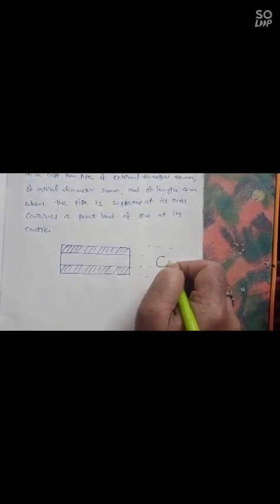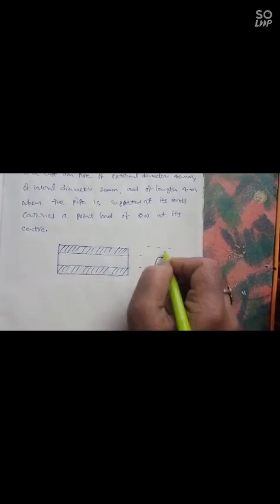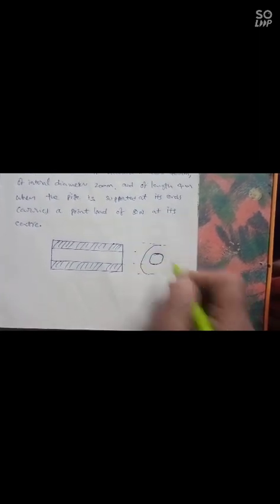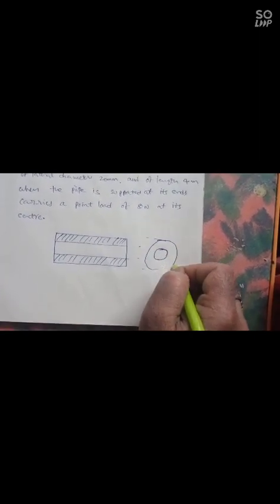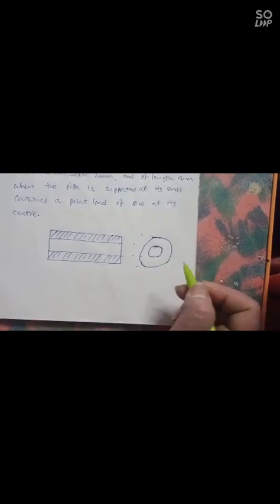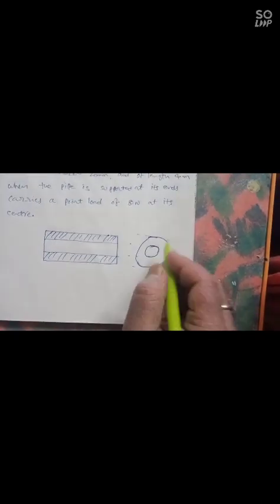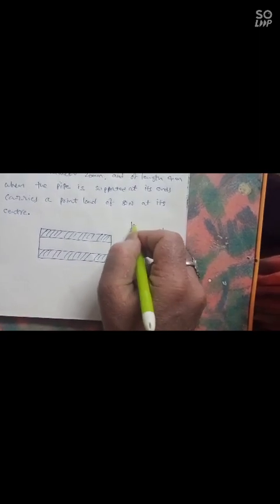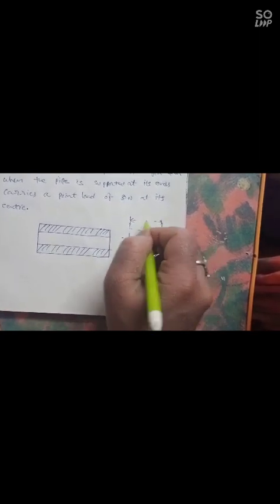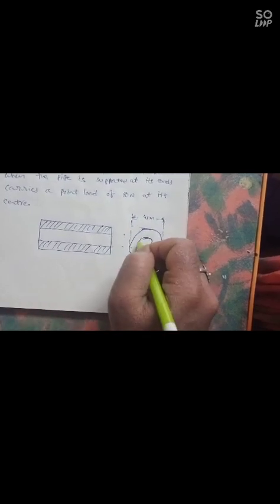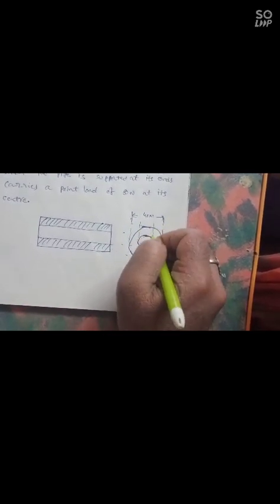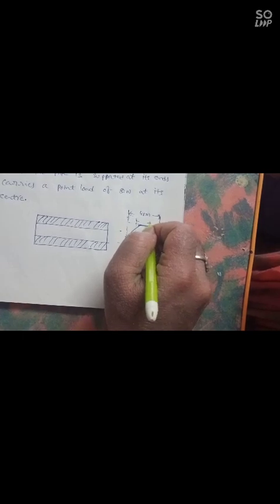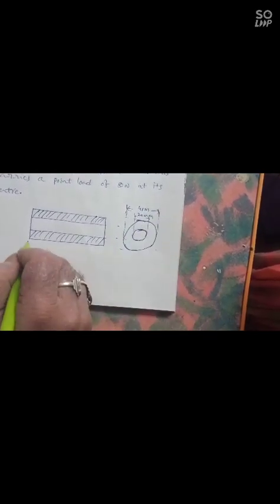So this is the internal diameter, and it's not a solid circle. The external diameter is 40 mm, and the internal diameter is 20 mm.